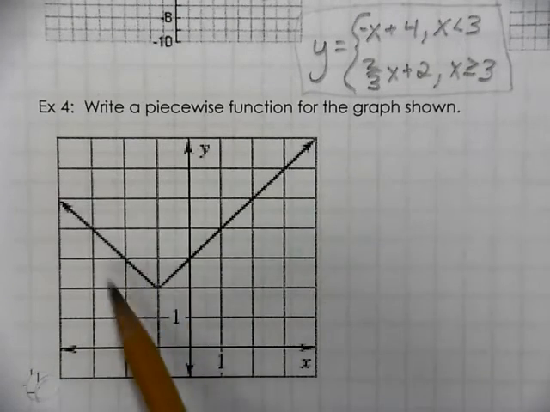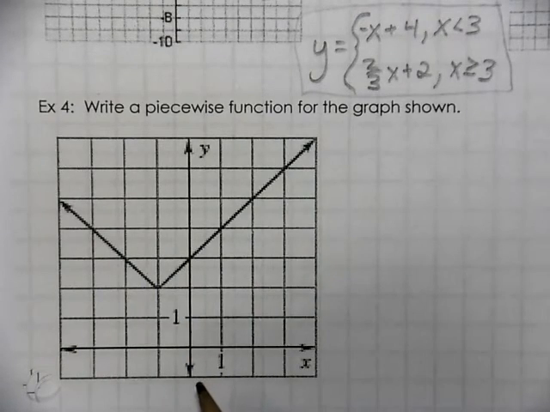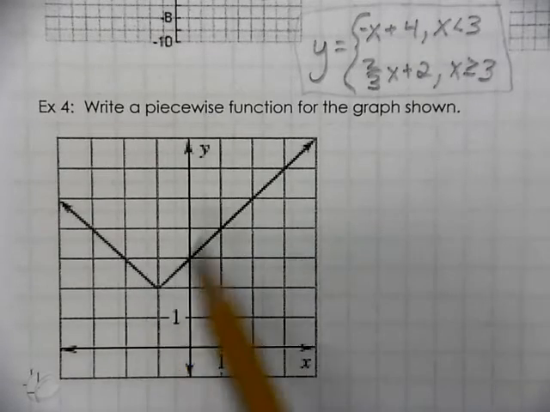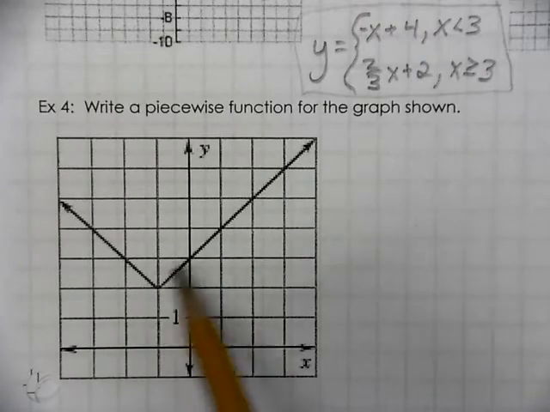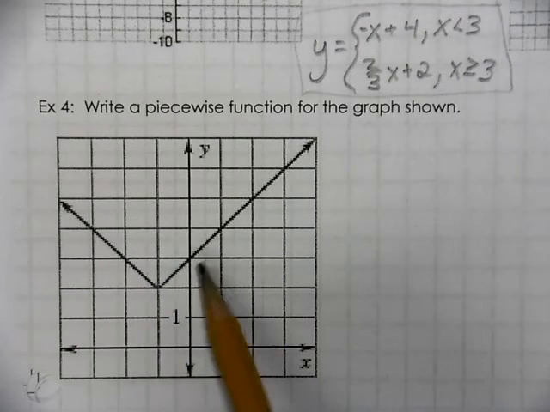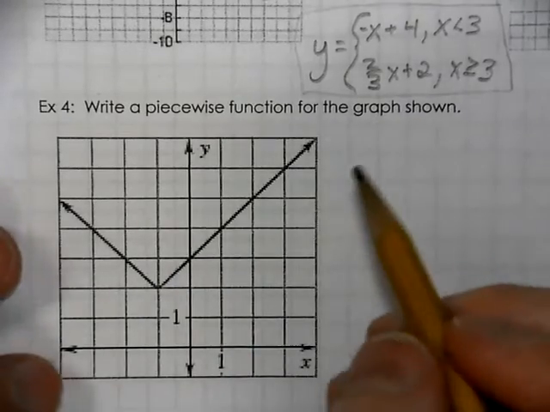What do we suspect that this is going to be? Looks like a V shape, so it should be an absolute value. As long as the slopes are opposites of each other, then it's truly going to be an absolute value. Let's see what we get.